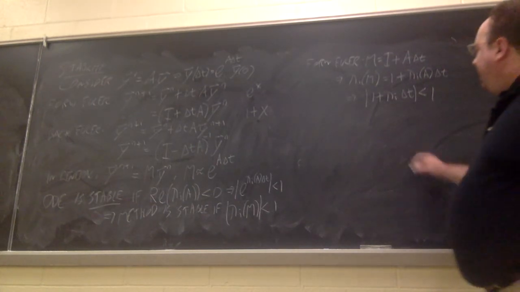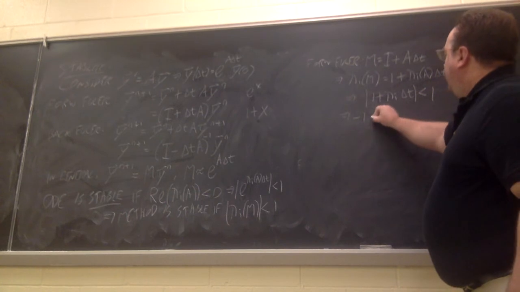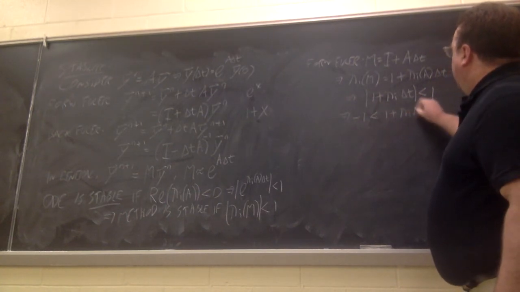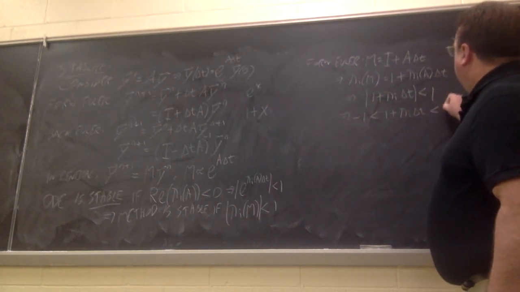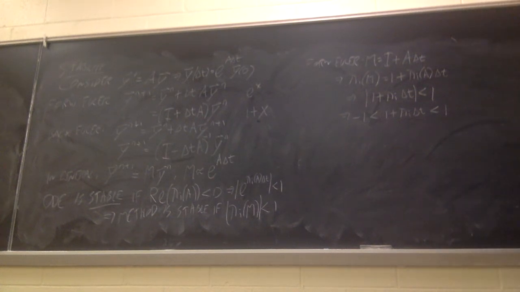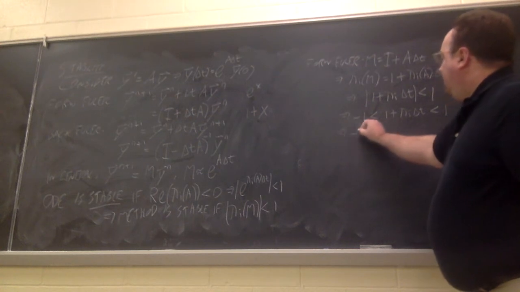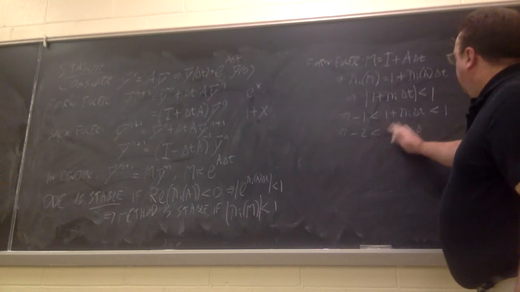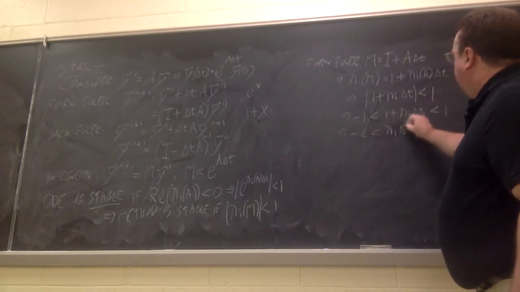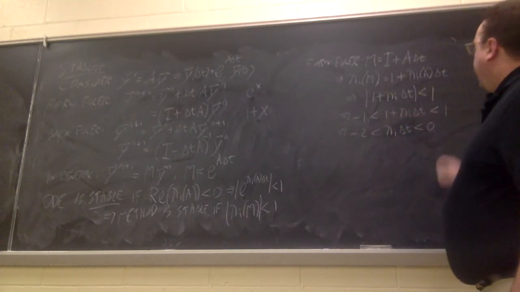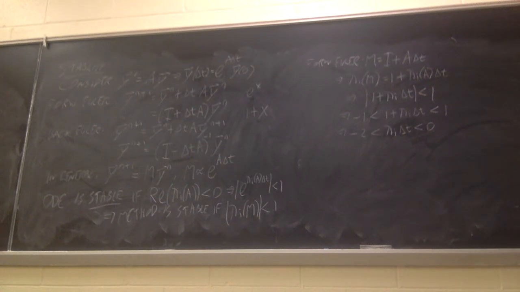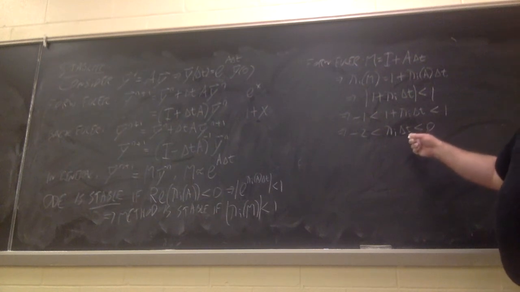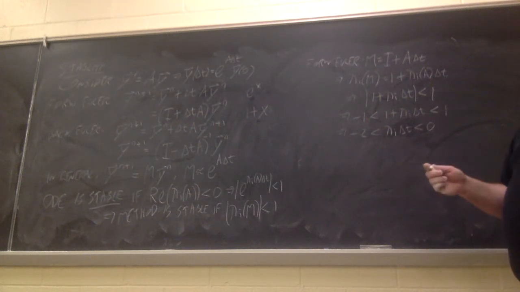But if I expand that out, and then I subtract 1 from all sides, okay. So this imposes a restriction on delta t.